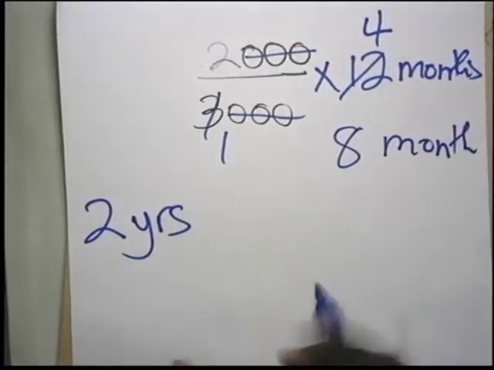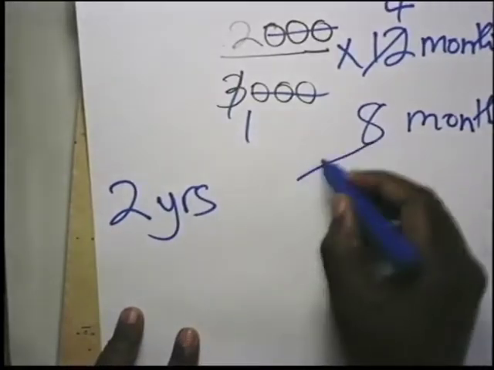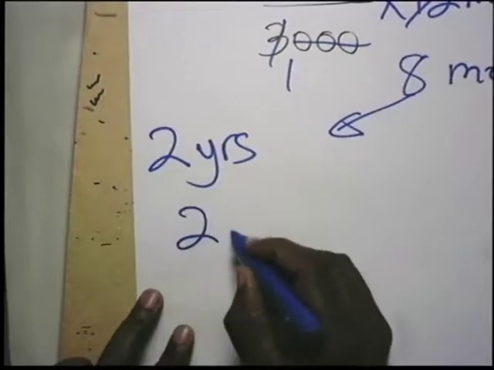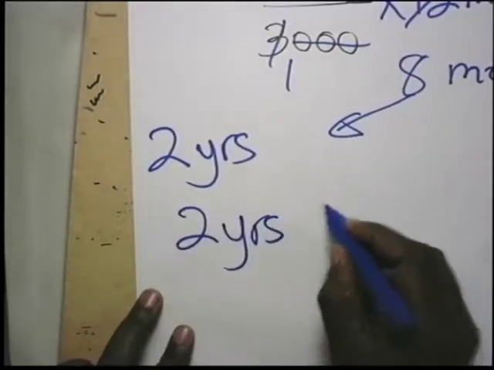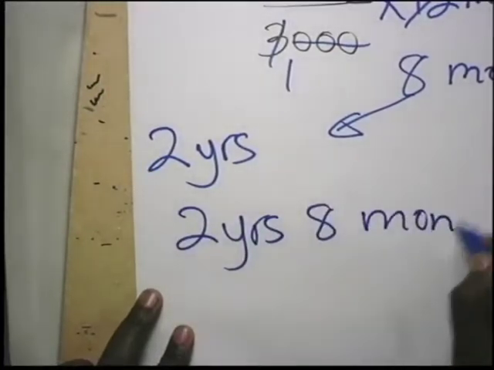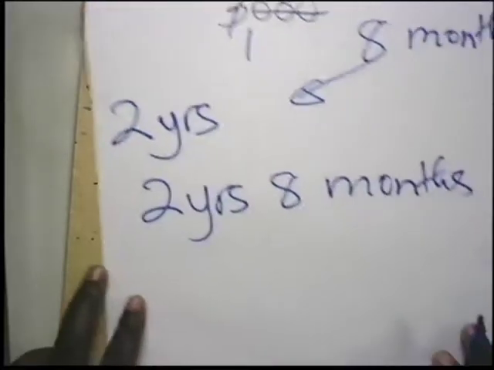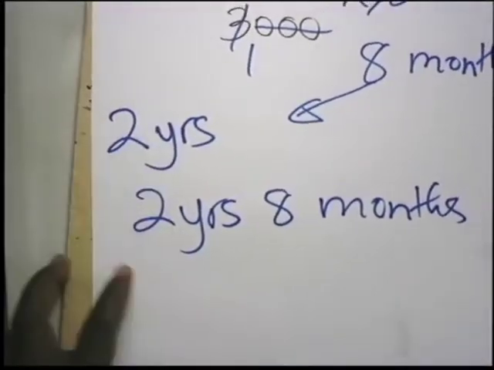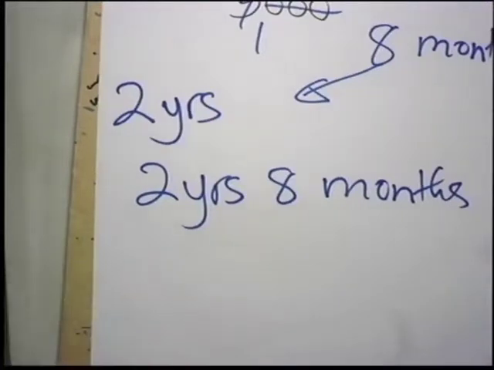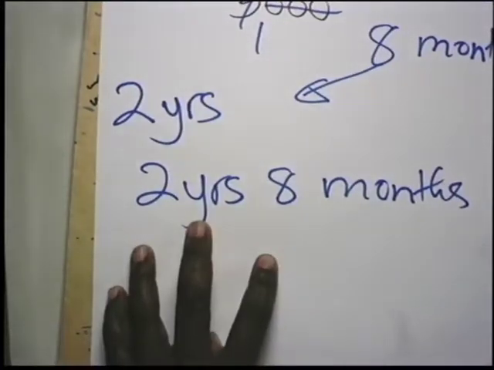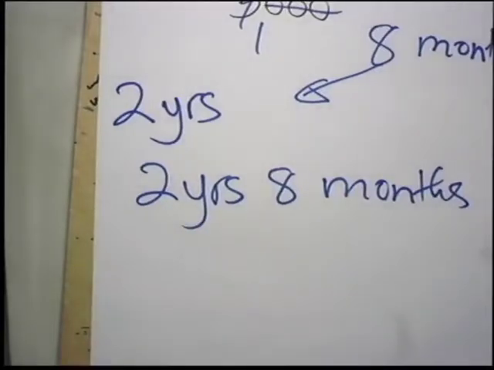Right. So, our payback period, I'll add this to the 2 years. Our payback period becomes 2 years, 8 months. So this project requires 2 years, 8 months to pay back the money that was invested in it. This is what I highlighted here.